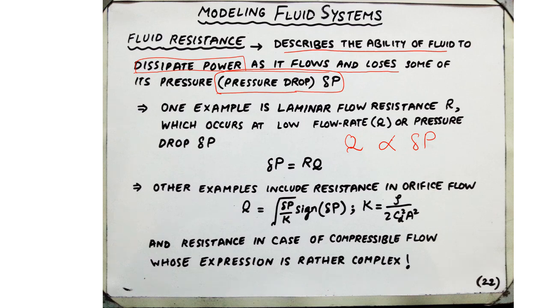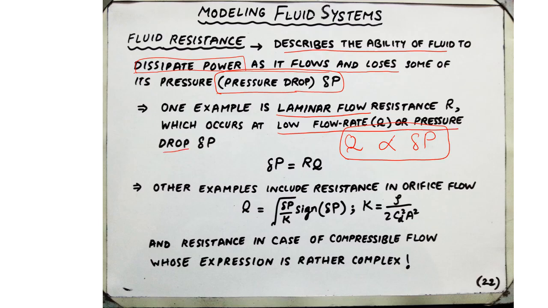But this proportionality is often difficult to achieve, as we know that in case of electrical circuits, I is proportional to the voltage drop across the resistance. So it's the same concept, although in case of fluid system, this proportionality is difficult to achieve unless we enforce certain properties in the flow of the fluid, such as the laminar flow, a smooth flow that occurs at a low flow rate or at a low pressure drop.